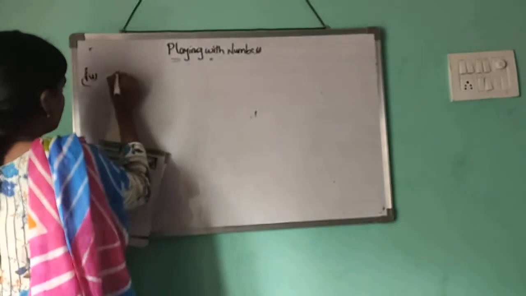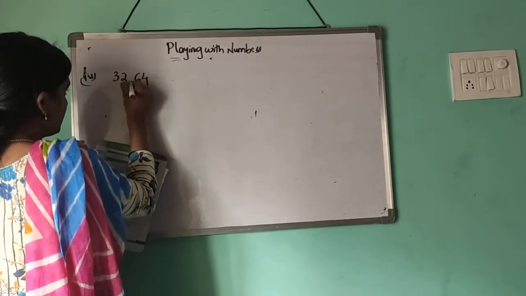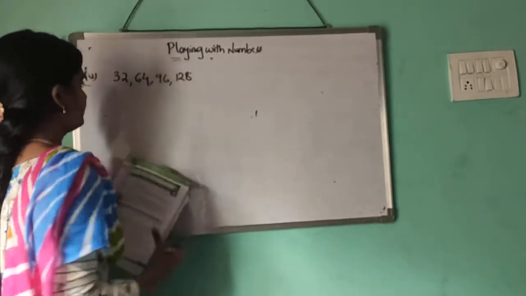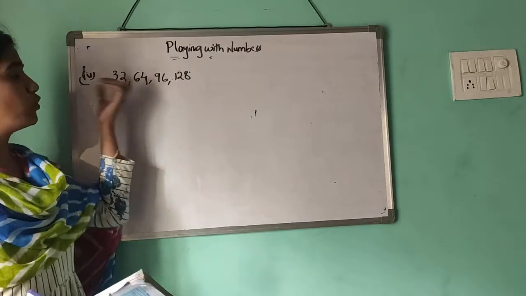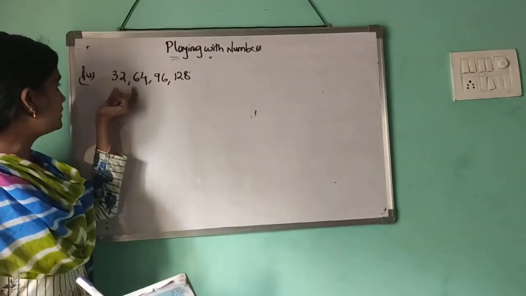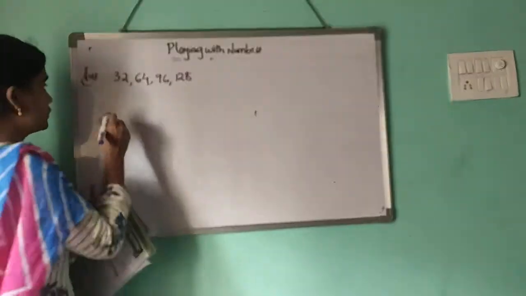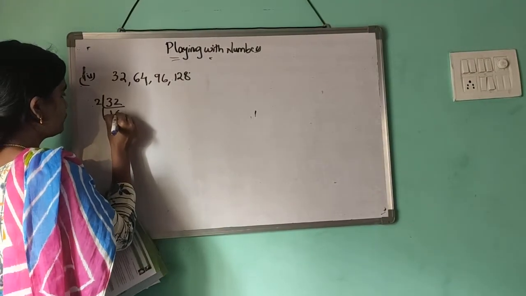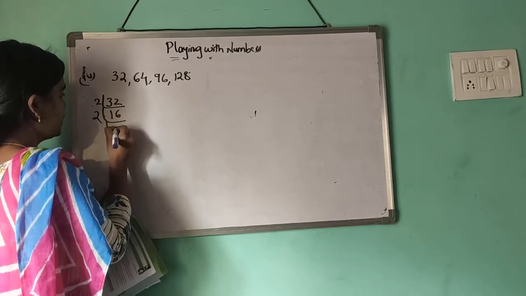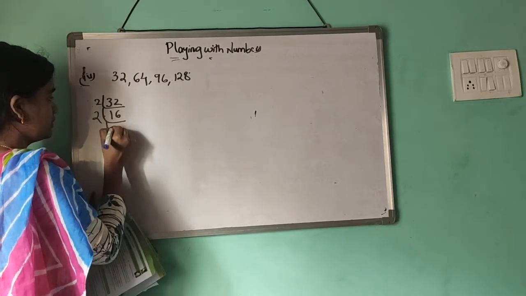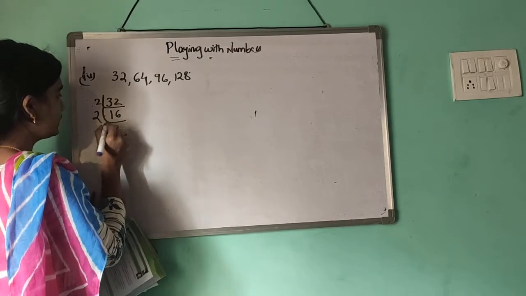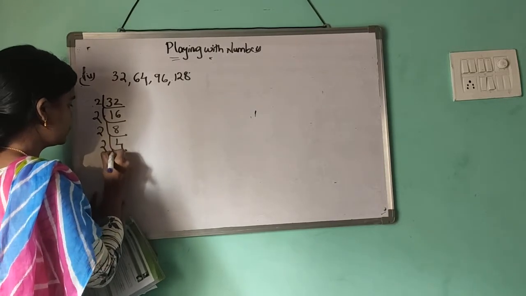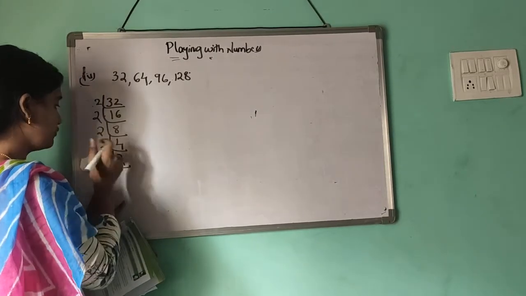Let's check the fourth bit. Fourth bit में here giving the 32, 64, 96, 125. Here in this we have 4 digits. Find each digit of HCF first. So 32, check the 2 table. 1 2s are 2, 6 2s are 12, 8 2s are 16, 4 2s are 8, 2 2s are 4.